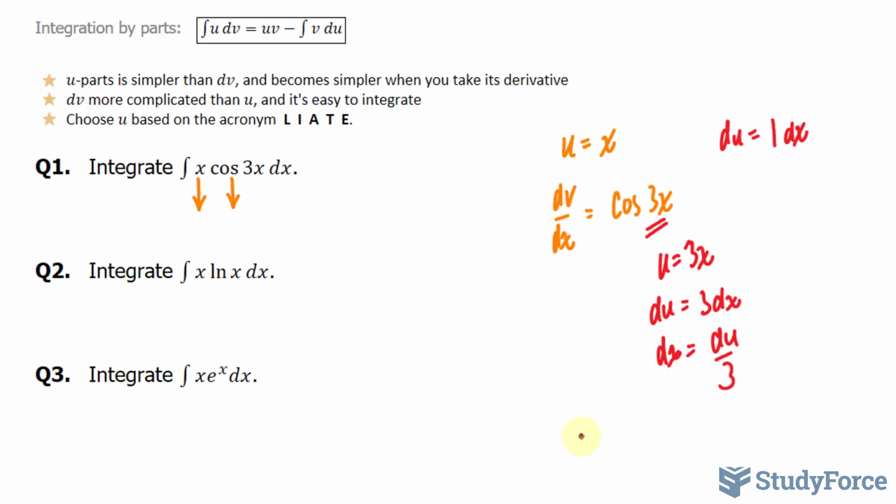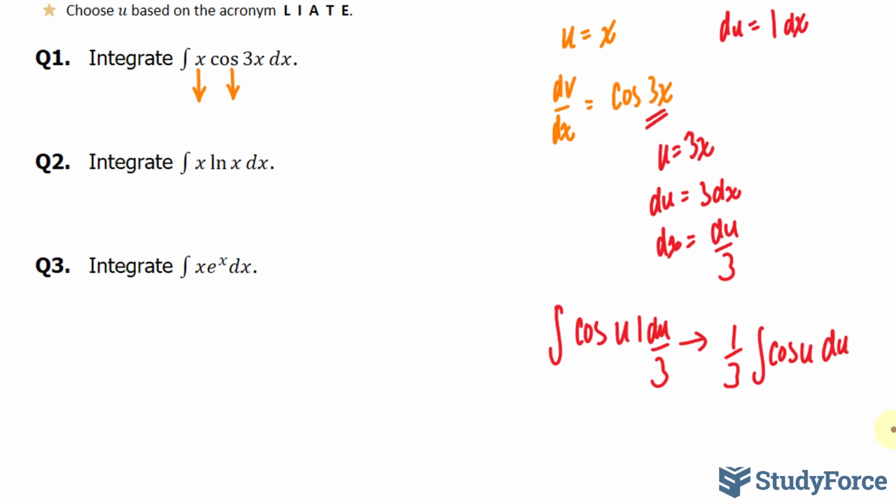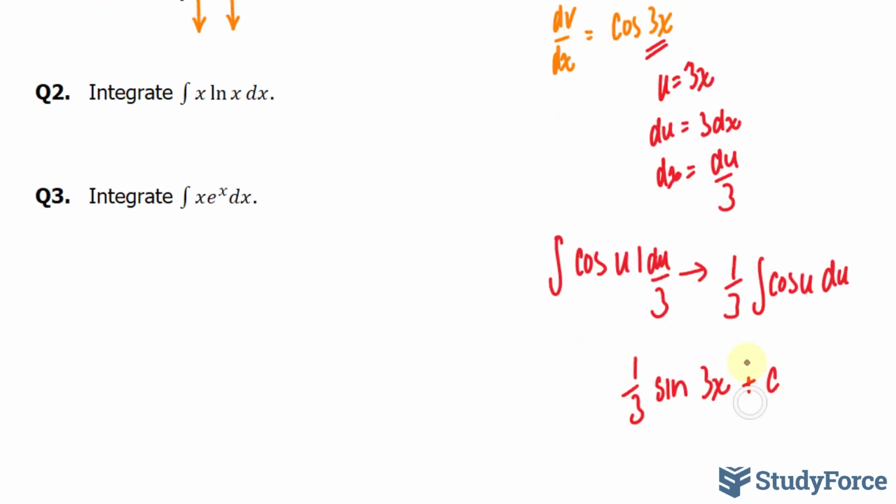After doing this, we end up with cosine u du over 3, pulling out the 1 over 3. 1 over 3 times the integral of cosine u du. The integral of cosine is sine, so our final answer is 1 over 3 sine 3x plus c. This expression right here is equal to v.